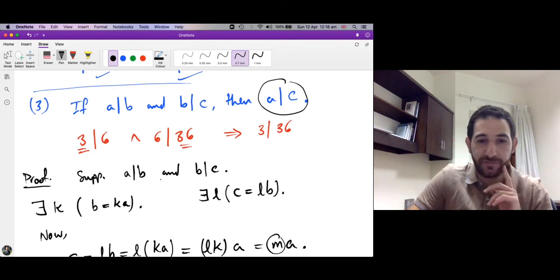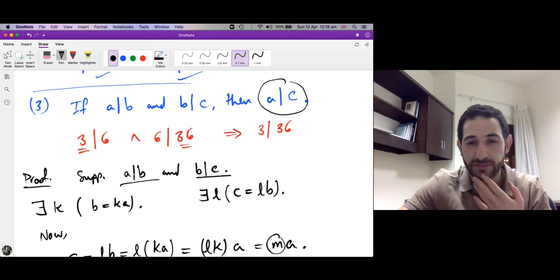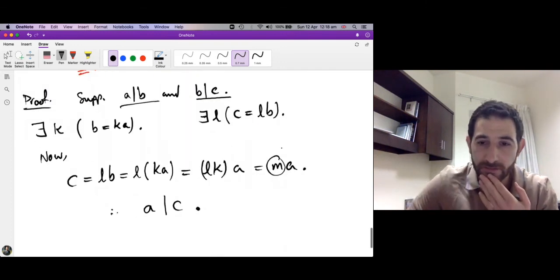We showed that if A divides B and B divides C, then the first divides the third.